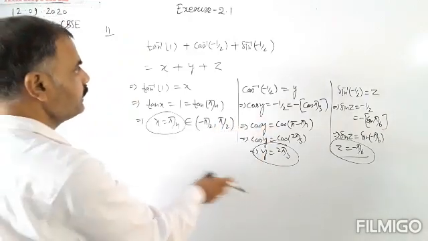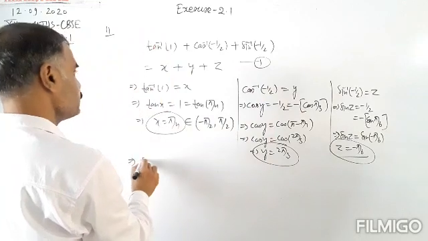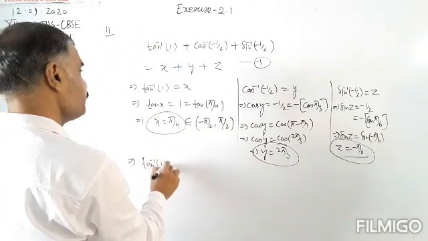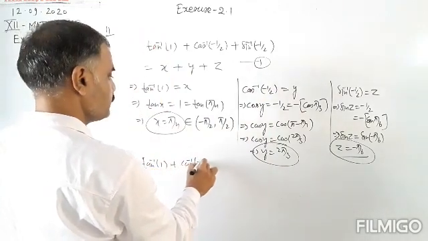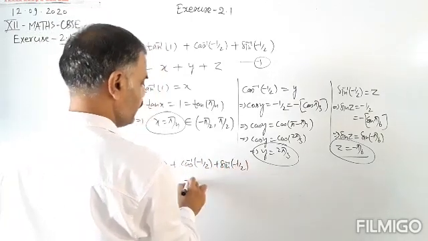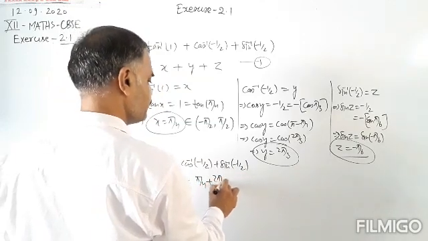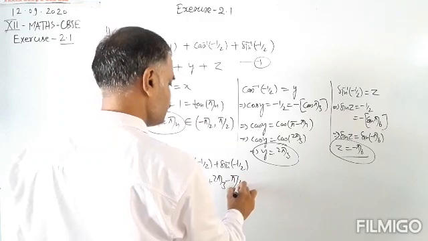Now putting all these in equation number first. So tan inverse 1 plus cos inverse minus 1 by 2 plus sin inverse minus 1 by 2 is equal to x plus y plus z, that is pi by 4 plus 2 pi by 3 minus pi by 6.